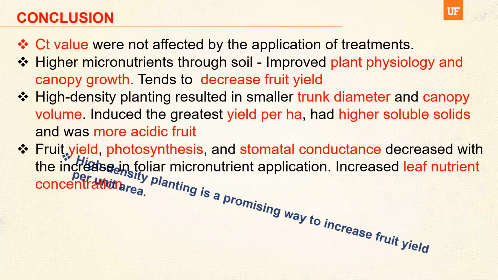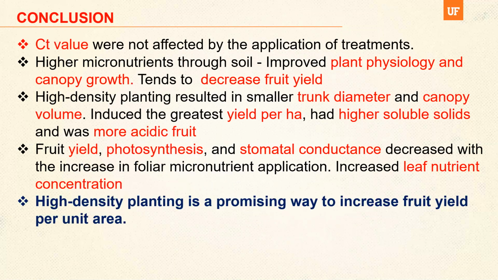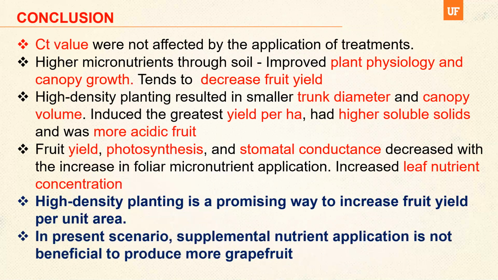Fruit yield, photosynthesis and stomatal conductance decreased with increase in foliar application of micronutrients, but leaf nutrient concentration increased. So the ultimate conclusion is that high density planting could be a promising way to increase fruit yield per unit area, but in order to recommend it for commercial cultivation, it needs to be done for more years.